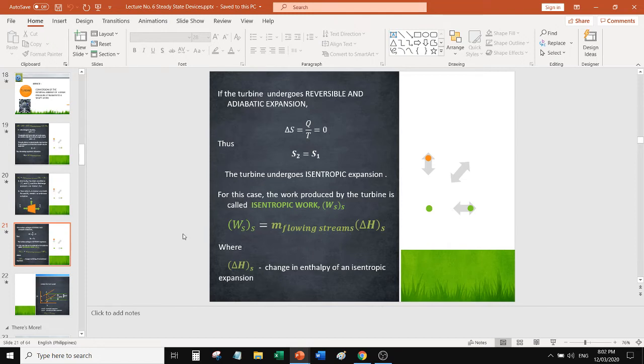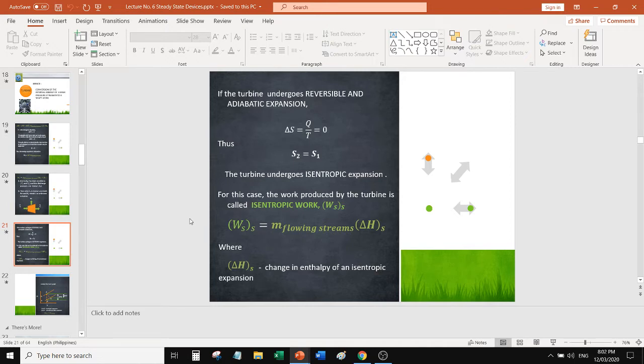One way we can solve it is to assume isentropic expansion. So, diba, from ChE 142, there are two conditions so that we can have an isentropic process. One is it should be reversible and it should be adiabatic.